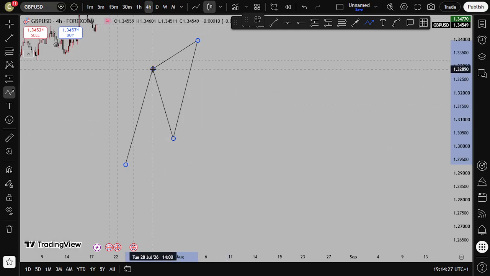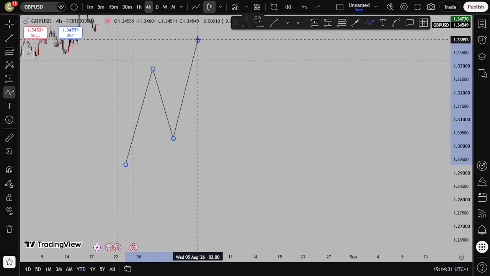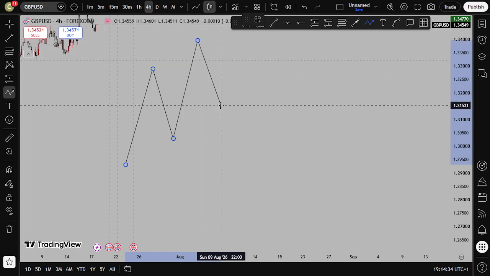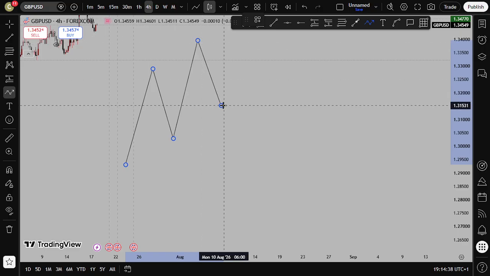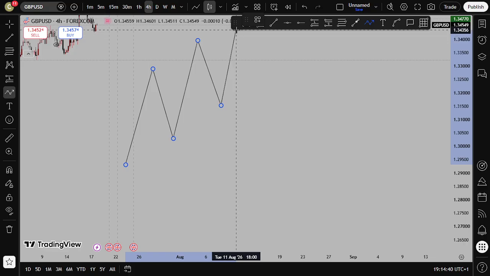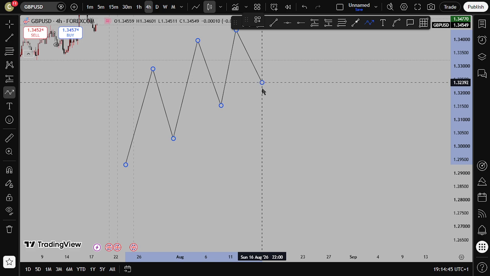If price turns down, we call it a swing high. Here price reaches this point and turns down, so we call it a swing high. It reaches this point and turns upward, that's what we call a swing low.